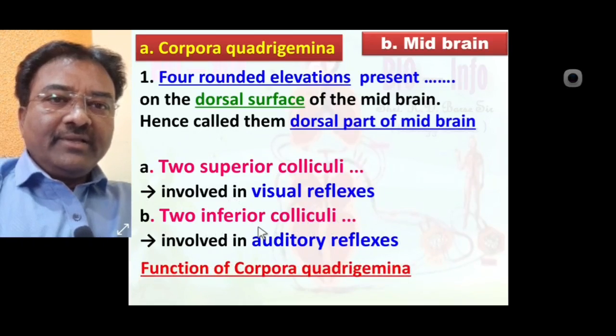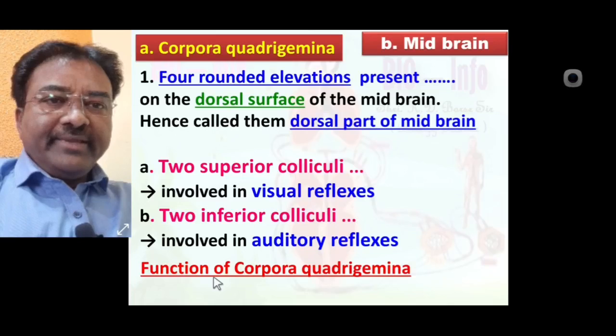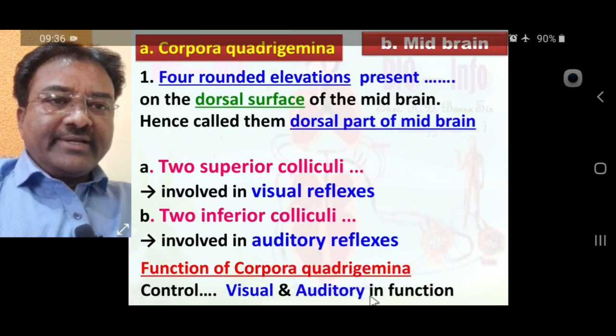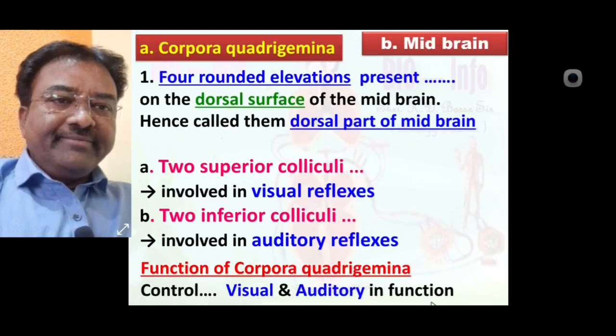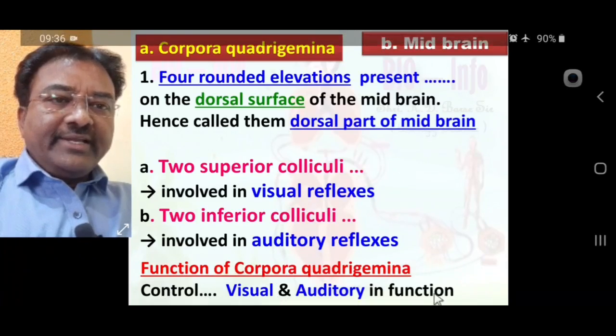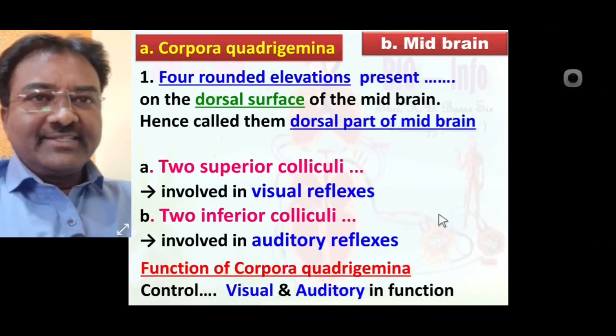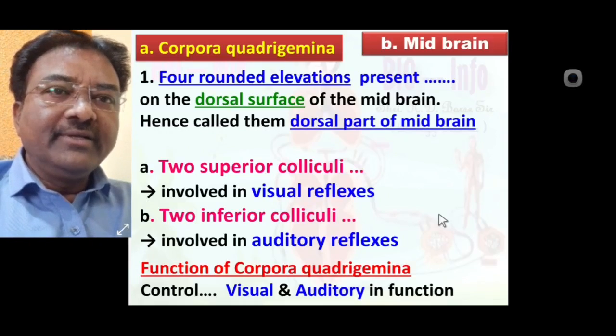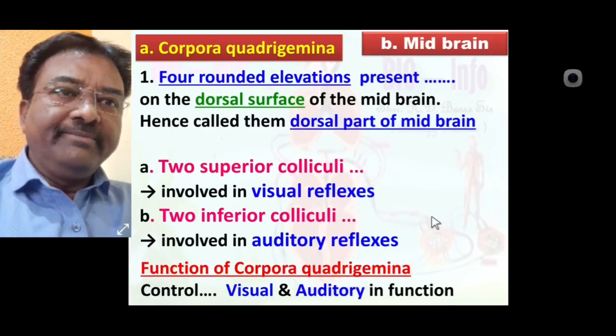So the function of corpora quadrigemina is to control visual as well as auditory function. Up to this we discussed in detail. Corpora quadrigemina is the dorsal part of the midbrain.